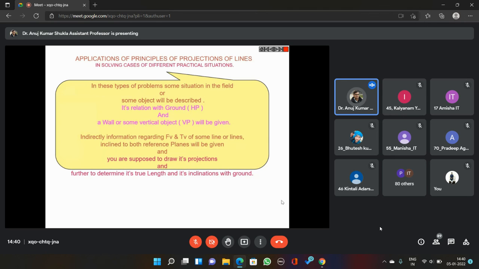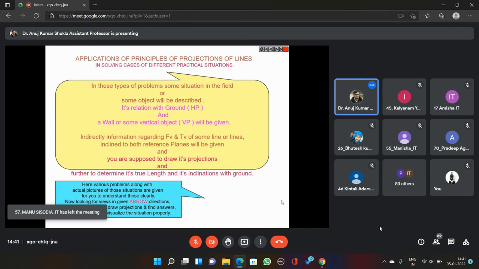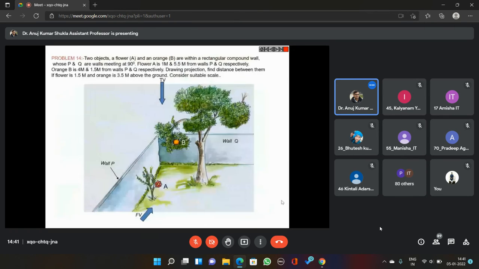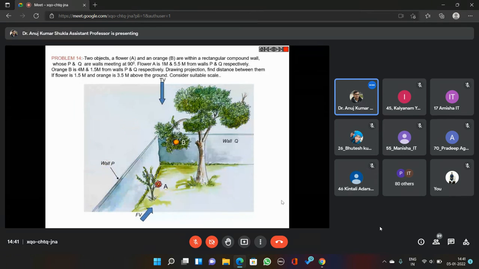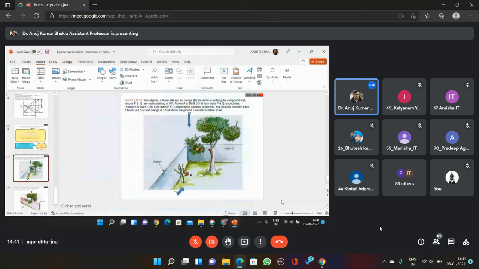Indirectly, information regarding FV, TV of some lines or lines inclined to both reference planes will be given, and you are supposed to draw its projection, and further determine its true length and inclination with the ground. It will be required for you to practice, and then questions will be based on this. Okay, so please practice these, and let us know if you feel any difficulty.